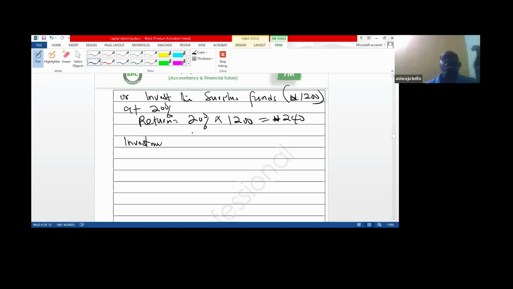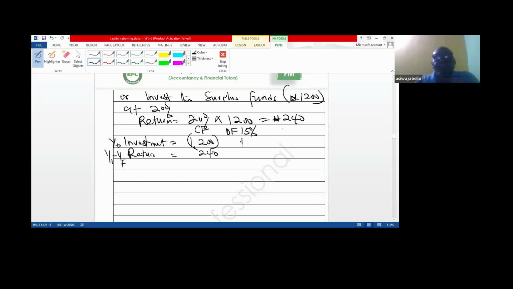Cash flow: this is year 0, and this is year 1 to infinity. This is year 1, the same value, 240, then to infinity.